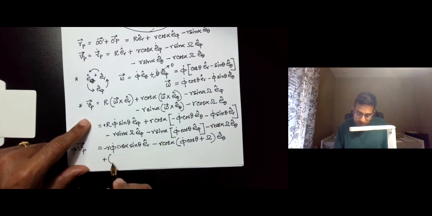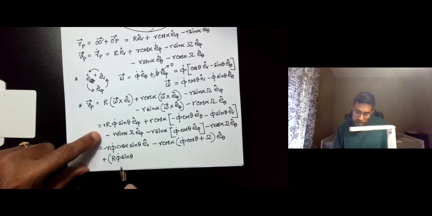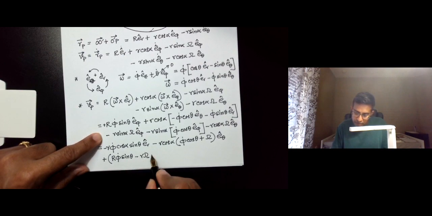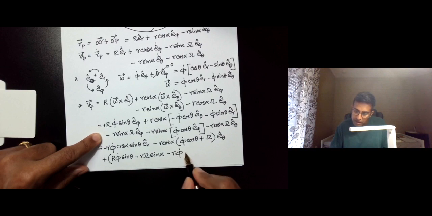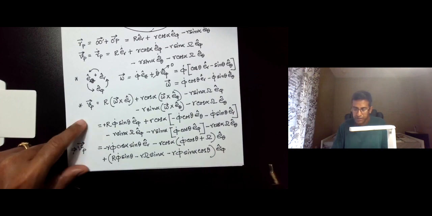So we'll put R phi dot sine theta minus R capital omega sine alpha minus R phi dot sine alpha cosine theta, and this is in the E phi direction.